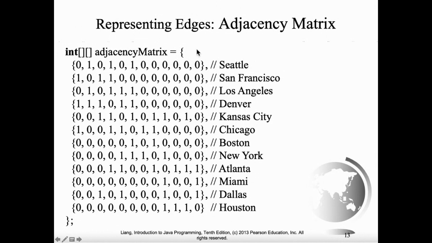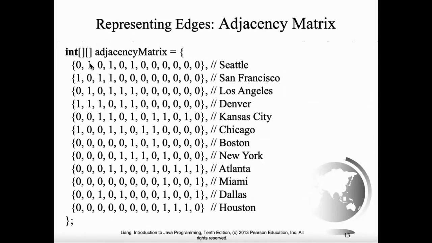The first column is Seattle, so Seattle to Seattle there's no edge, so it's 0. Then I go to the second column, which is San Francisco. San Francisco to Seattle, there is a connection.